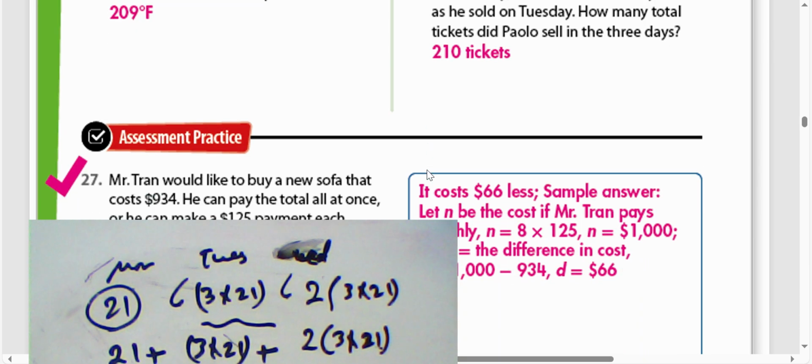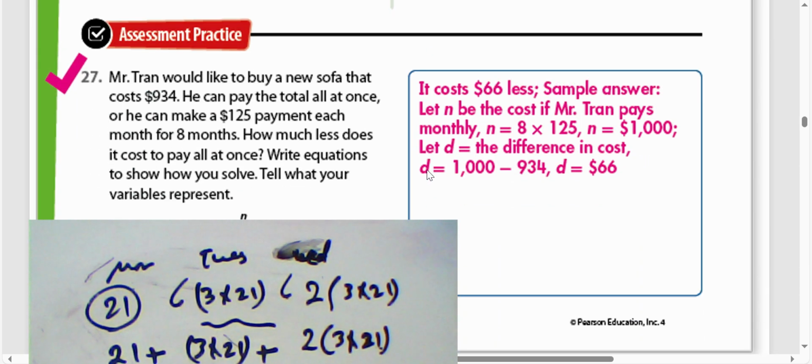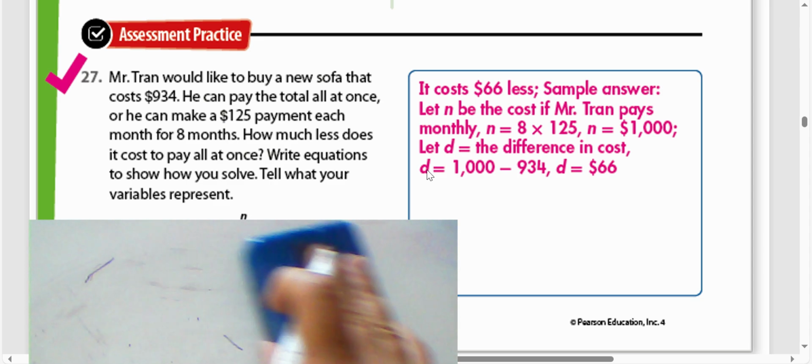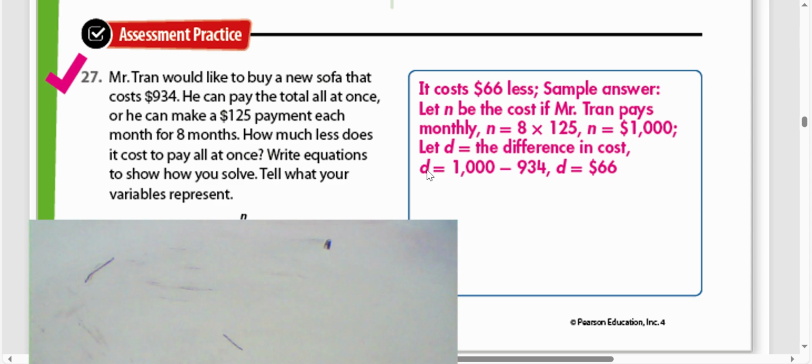Okay, next question. Mr. Chen would like to buy a new sofa that costs $934. He can pay the total all at once, or he can make $125 payments each month for 8 months. How much less does it cost to pay all at once? And write the equation to show how you solve and tell what your variable represents.